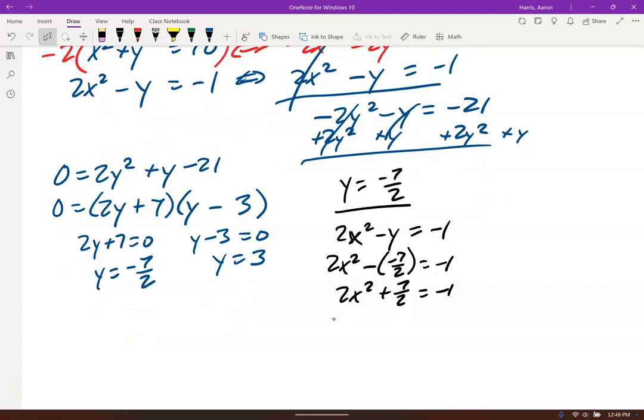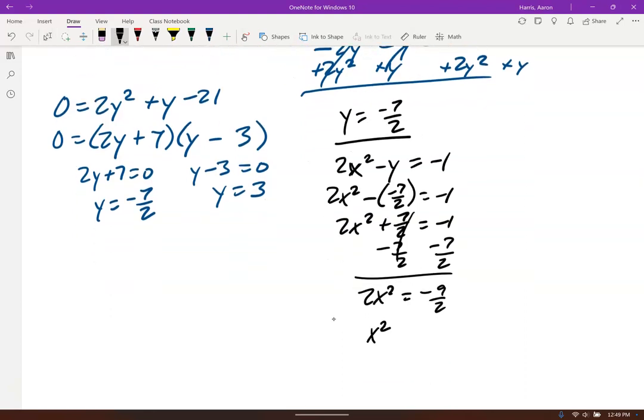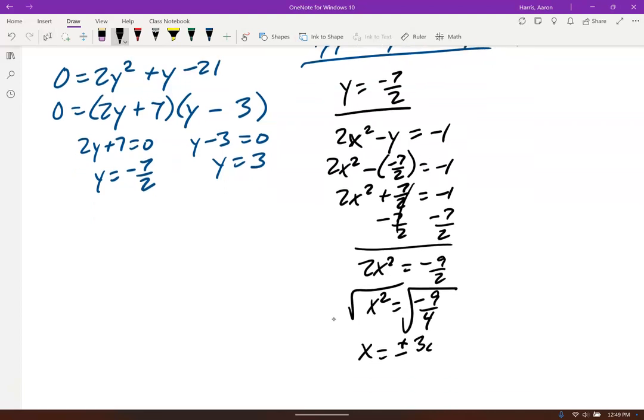I'm going to subtract 7/2. So I have 2x squared equals -2/2 minus 7/2. That's a -9/2. I'm going to divide by 2. So -9/4. Square root. Well, that would be plus or minus 3i/2. Well, we're not working with imaginary numbers. We're not working with those in this section. We're only trying to find the real solutions. So we can go ahead and throw out -7/2. That's not going to work.